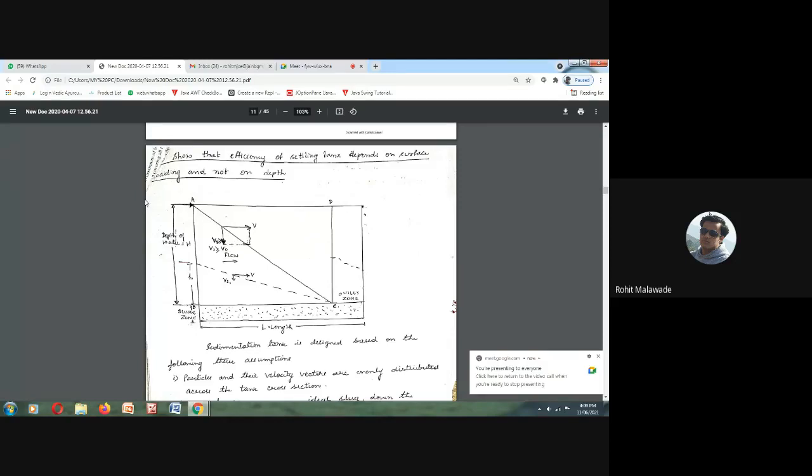So here, the water is going to come in this particular part, and all the sediment is going to settle down at the bottom.